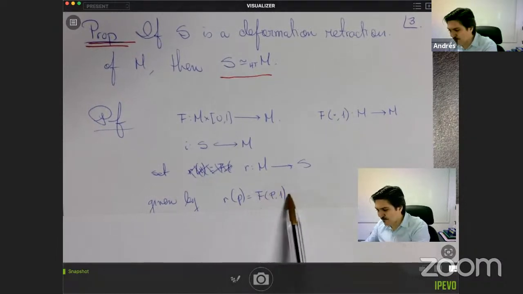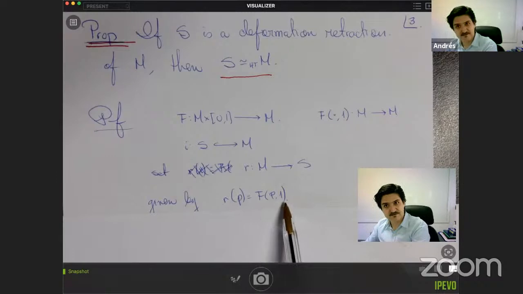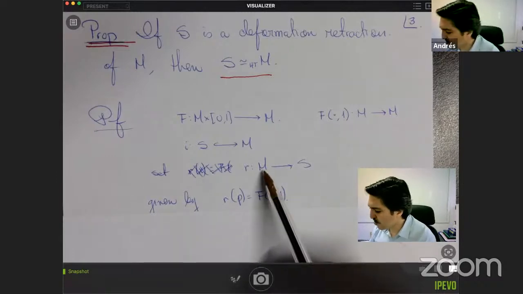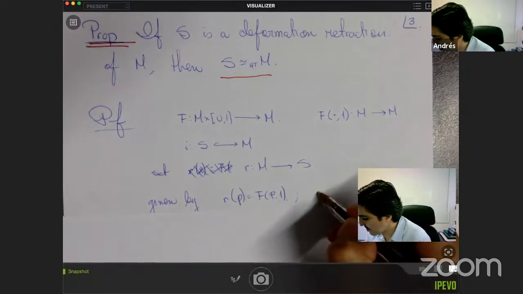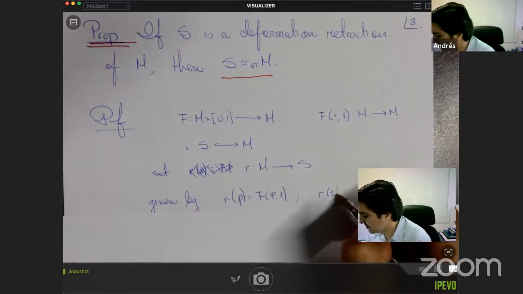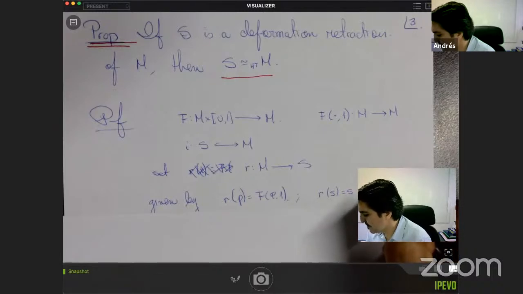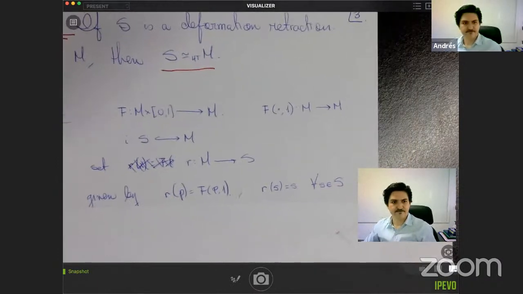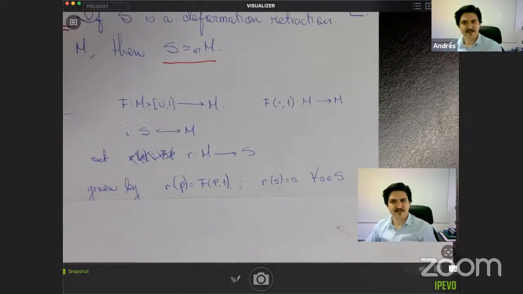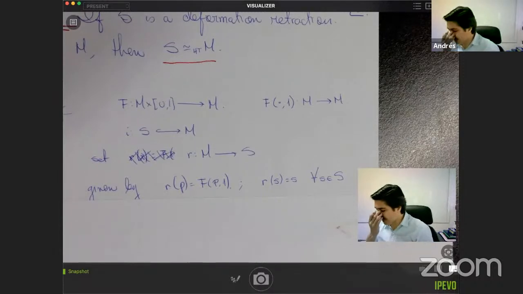Because we know that this belongs to S. So R goes from M to the small set S, and is given by this. And also, you know that this happens, right? Because F is a deformation retraction.